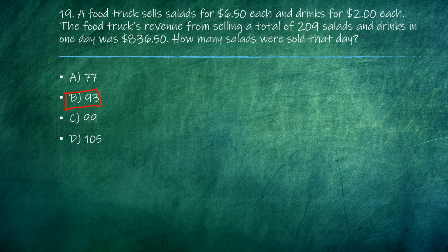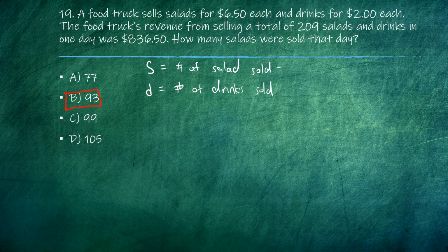So let S be equal to the number of salads sold on that day, and D be equal to the number of drinks sold that day. The question is asking us to find out how many salads were sold that day.